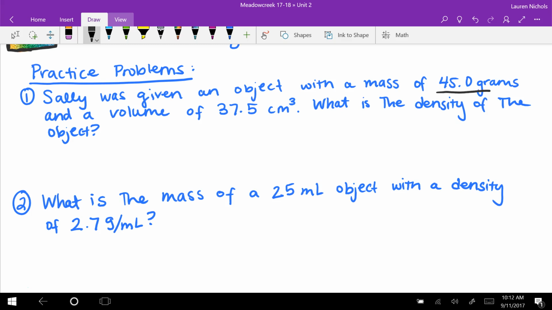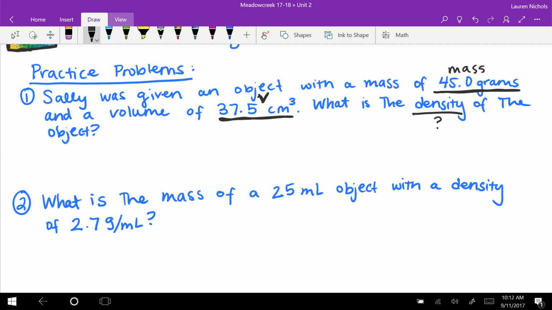We were given 45.0 grams, which regardless of what the words say, anytime I see the word grams, I know that this is going to be my mass. And I saw that I have 37.5 centimeters cubed. Centimeters cubed is always volume. And so it asks, what is the density? That's my question mark. What am I trying to find?